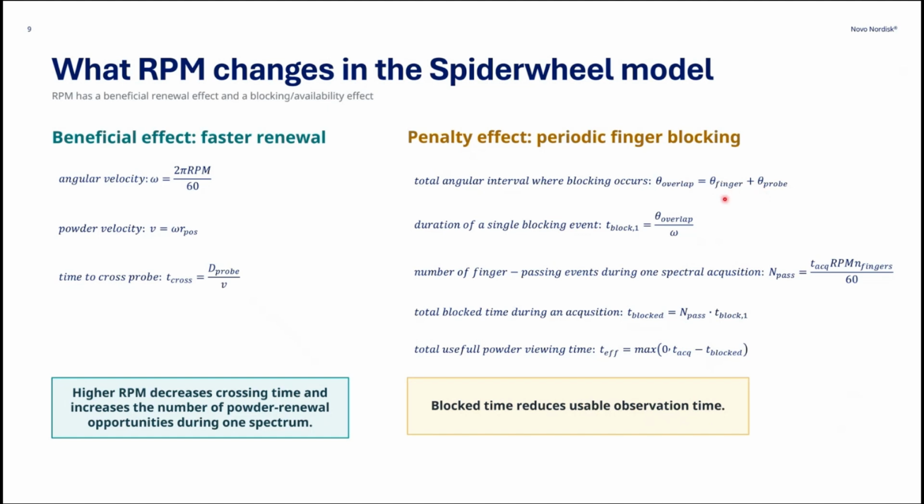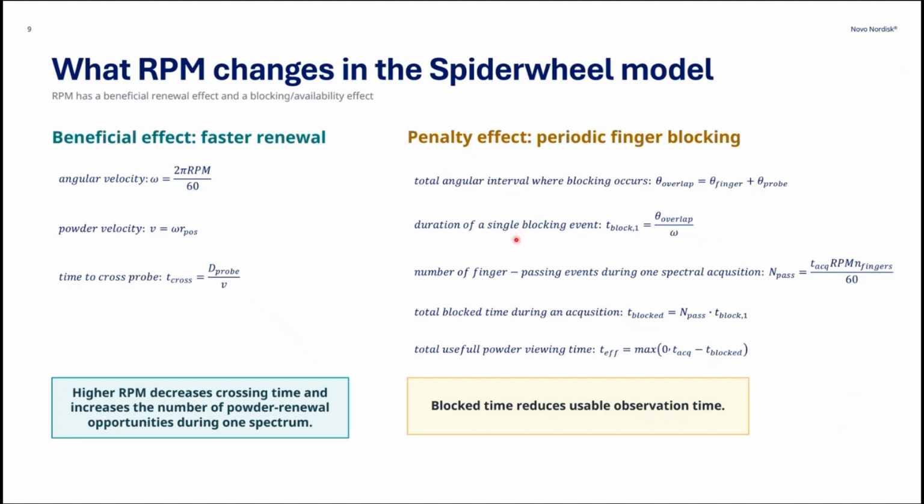When we add them, that means as soon as the finger starts to touch the edge of the spot, we say it's blocked. It's of course not completely true, but you could work with this and make it more like an integral or something like that over the speed. But for simplistic reasons, I just simply say the total overlap is the angular width of the finger plus the angular width of the probe.